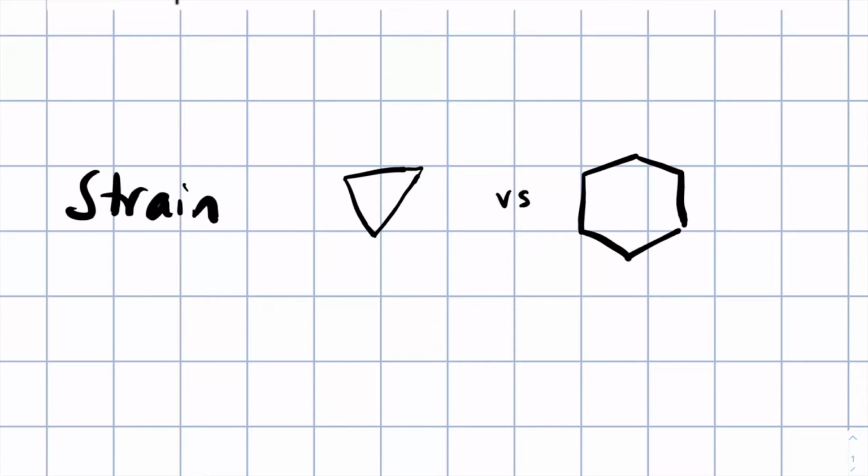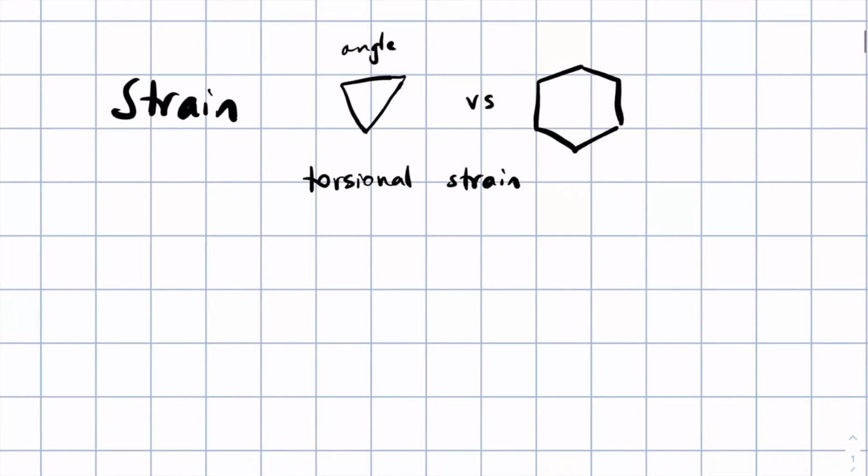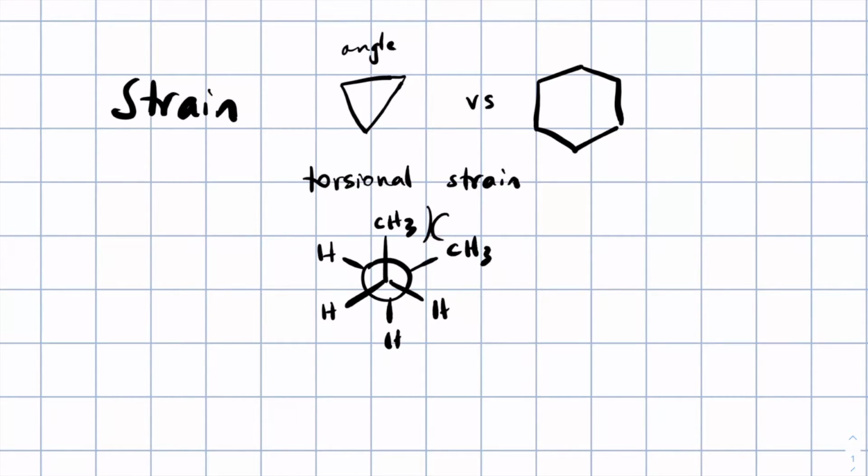So there's angle strain. There's also torsional strain, which can come from gauche versus anti-type interactions that occur in conformations about carbon-carbon bonds. And there are other kinds of strain that we'll talk about later.